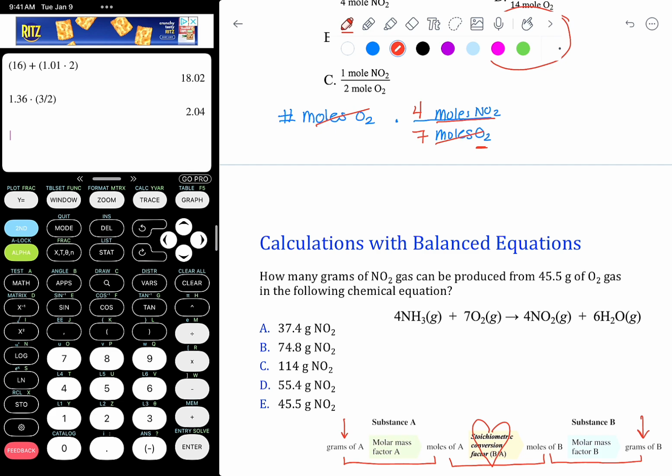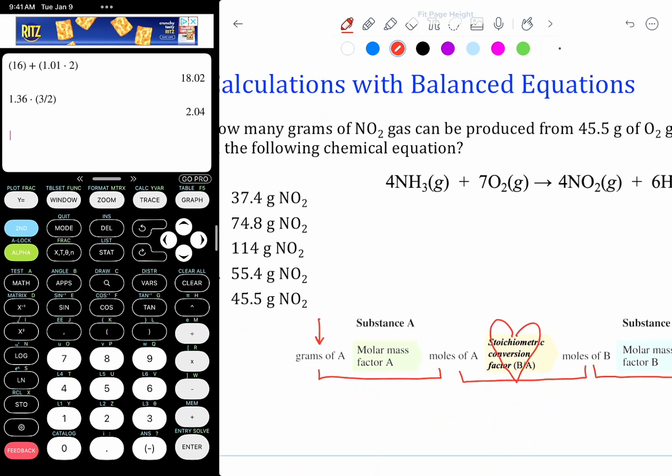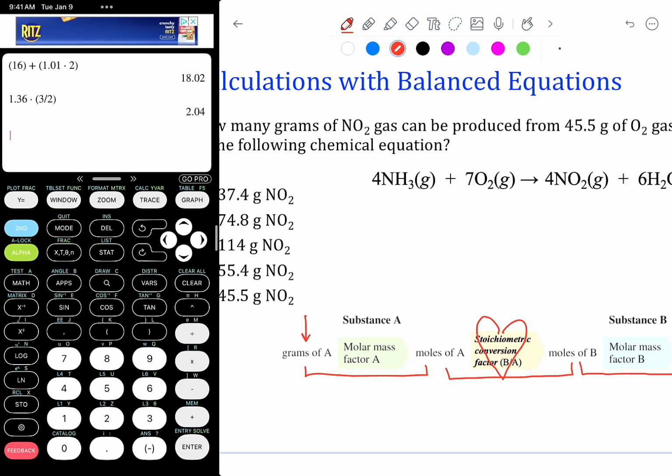Okay, so we're starting this problem with 45.5 grams of O2 gas. And our first step is to convert it to moles using the molar mass of oxygen. Now we want to use the molar mass of O2, okay, so we want to use 32 grams in 1 mole.